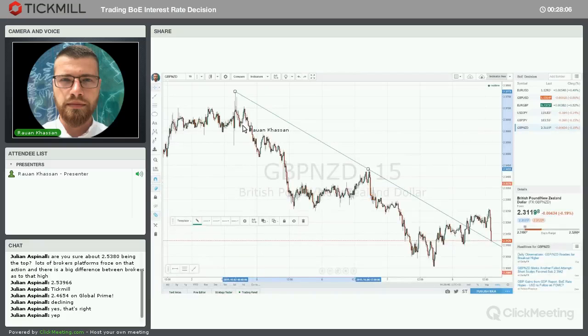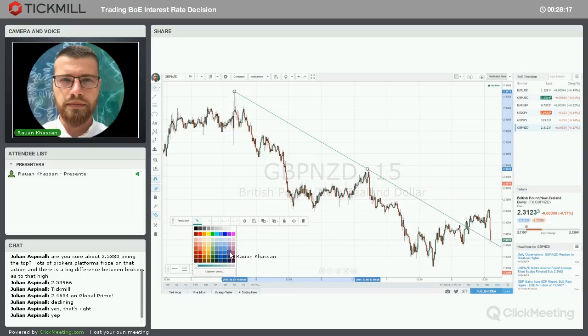As you can see, I have connected two recent top levels from 2nd of October and 6th of October. And this level has been broken some time ago, but then the pair has returned to its current value of 231.20 to 231.10.